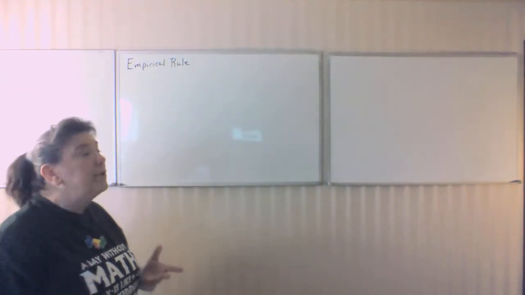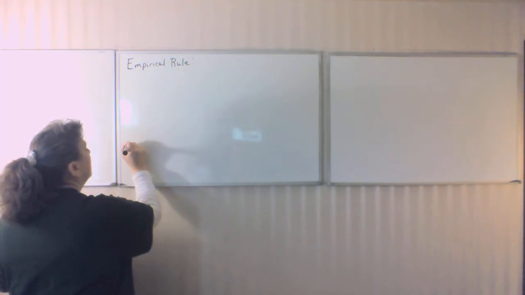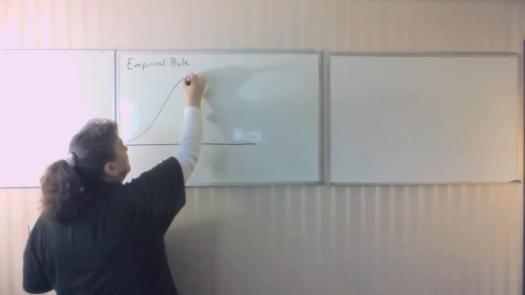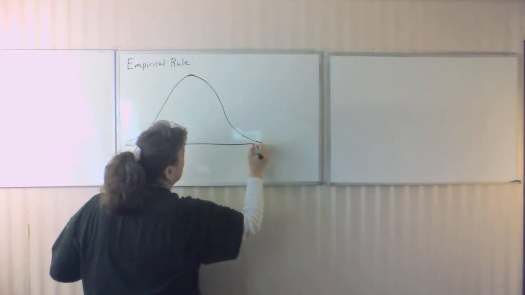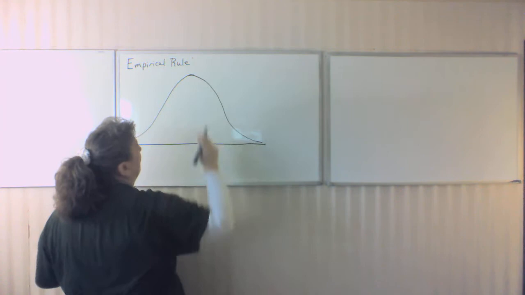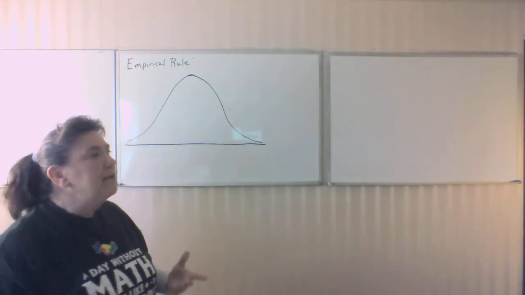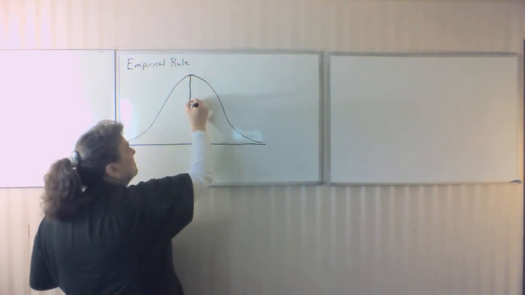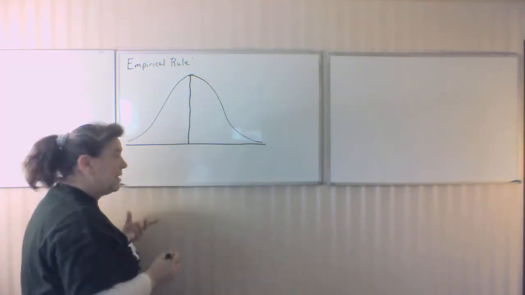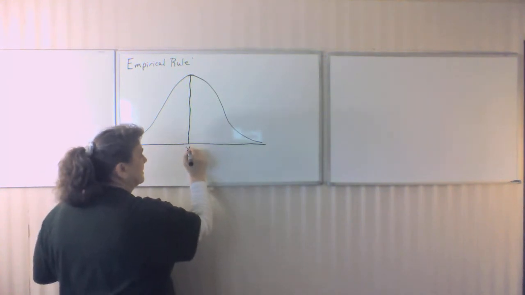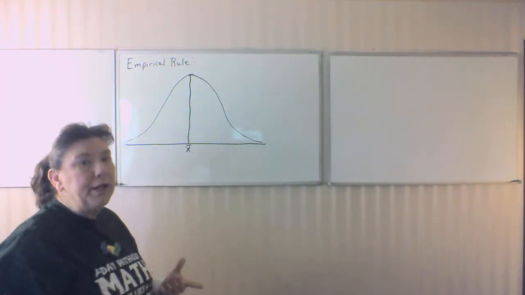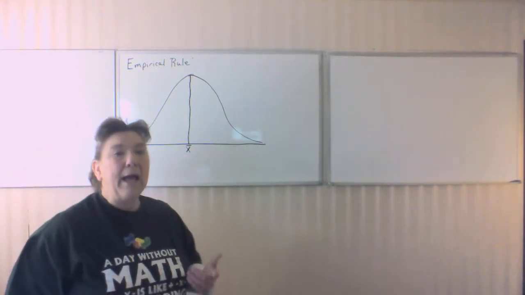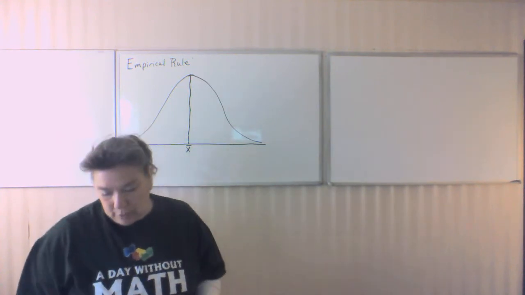Remember, the empirical rule is built on what is called the normal curve. When I was first introduced to these concepts, we called this the bell curve. And the bell curve is built on the fact that the majority of the data lies in the middle of the data, and that is exactly where the mean is. The mean, the mode, and the median are the same thing when you look at the bell curve or the normal curve.